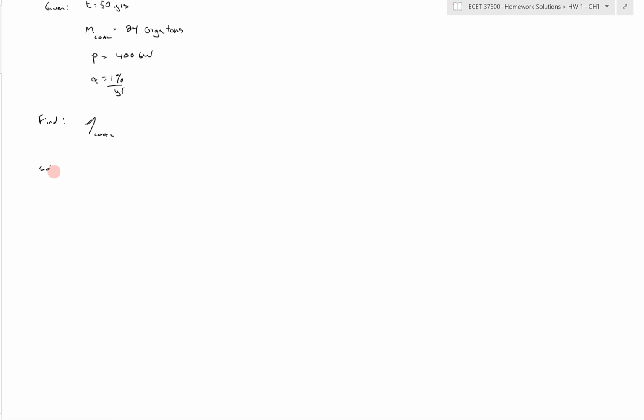So the solution method is, remember that if we have an energy conversion process, it takes input energy and produces some output energy, and the efficiency is the ratio of the output to the input, E out over E in. So that's what we're being asked to calculate.